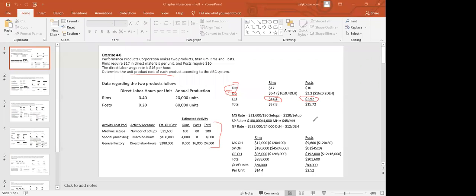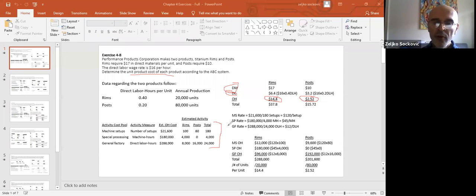How did they get the overhead? Well, we will go over this now. But you get these numbers, let's say, correct, but then you forget to add direct materials and direct labor if the question is unit product cost, right?